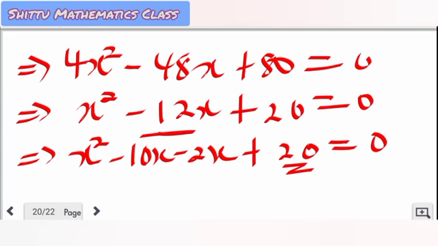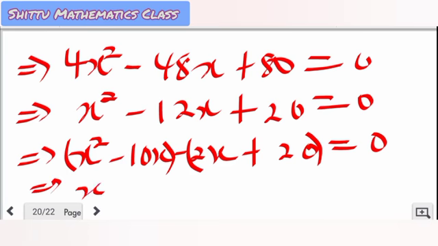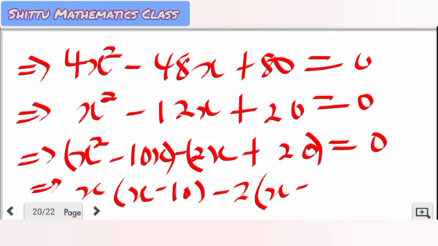Do you understand now? So from here, try to group it. Grouping that, we are going to have x times x minus 10, then minus 2 is common, so you have x minus 10, equals 0.